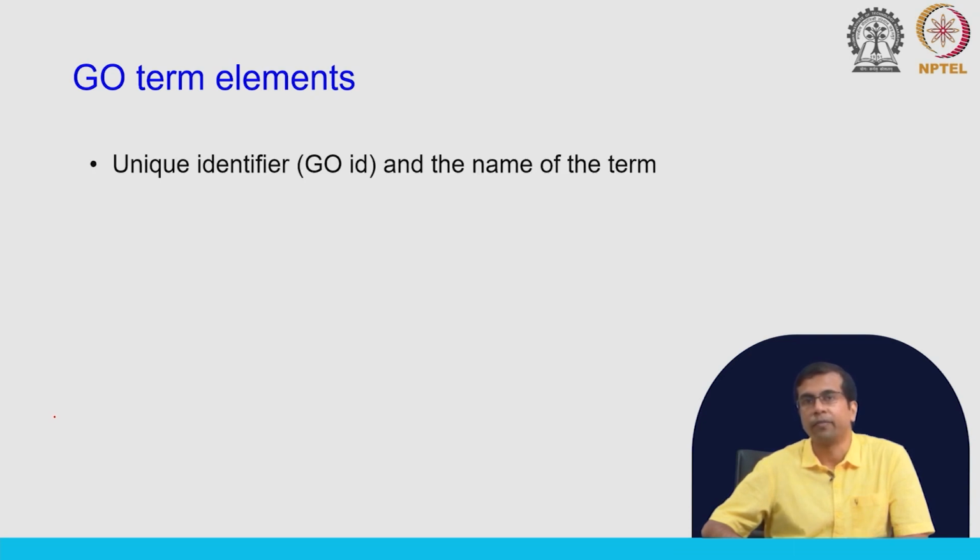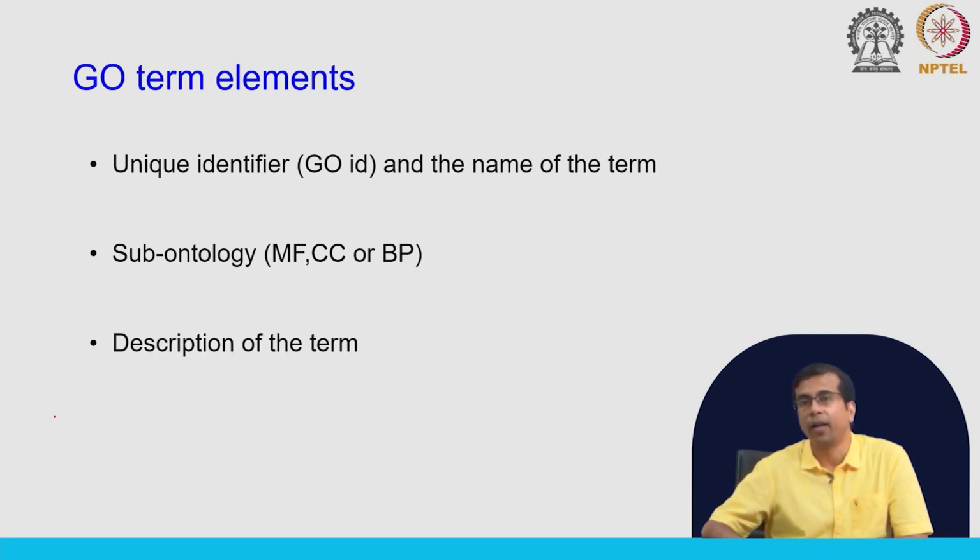So, the first one is the identifier, or sometimes we refer to it as GO ID, okay, and the name of the term. It will also mention sub ontology, right, MF, CC or BP, right, and it will have a description of the term, what this means, and it will also describe the relationships with other terms that are present in the ontology.